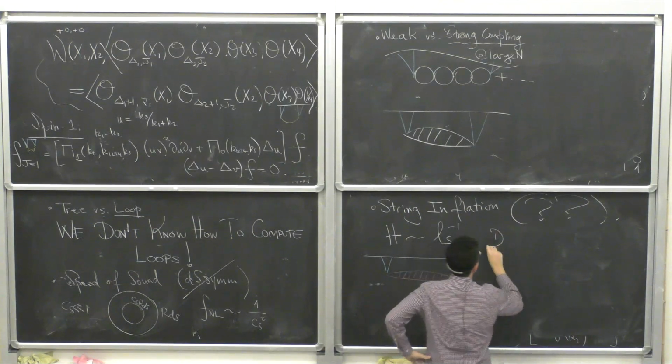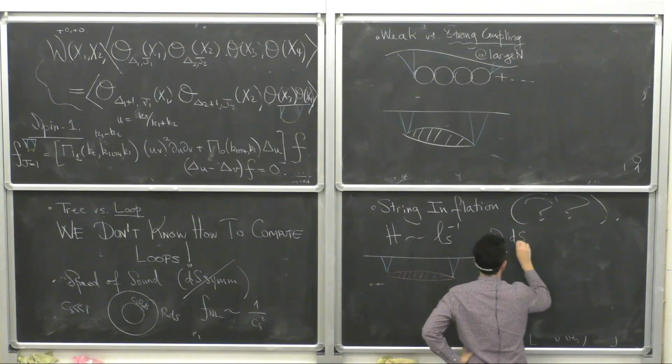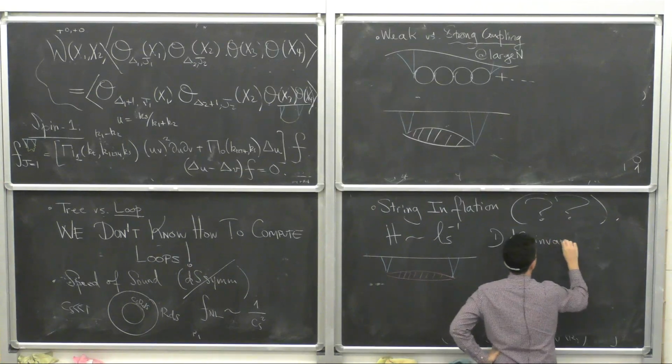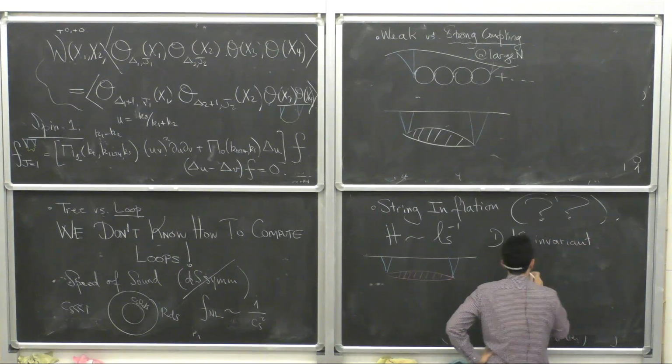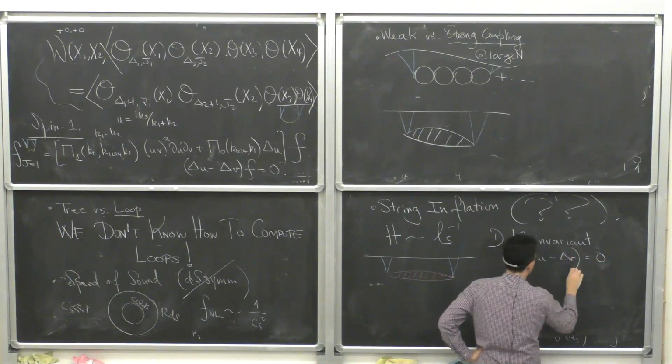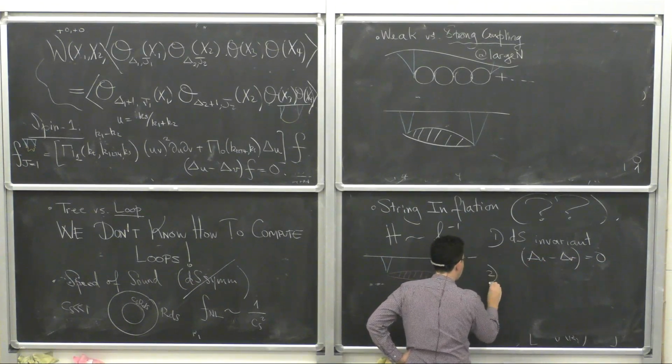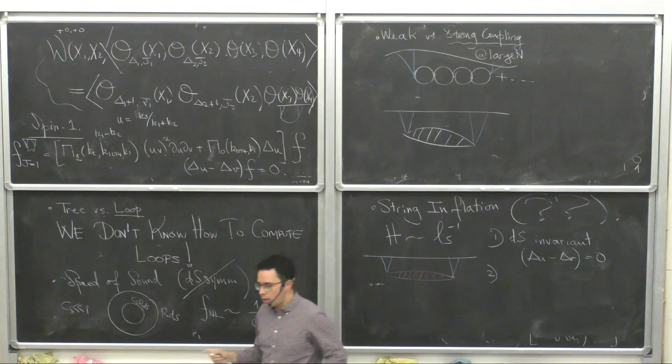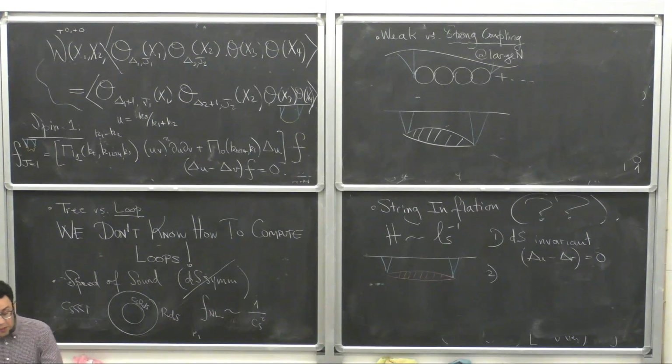So first requirement is it should be de Sitter invariant, meaning it satisfies the analog of this delta U minus delta V equals 0. Okay? First requirement. Second requirement is what is the analog of UV softness?